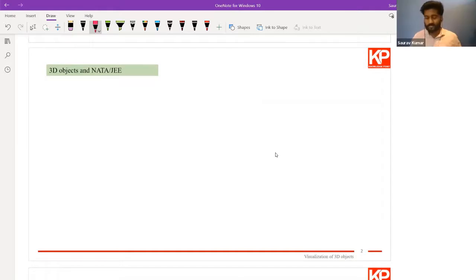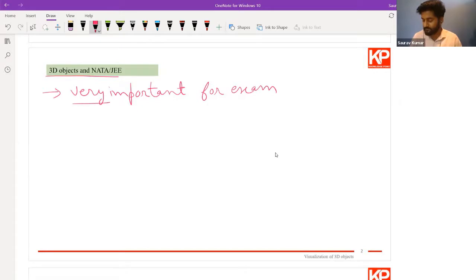Okay, so first thing that we see about the 3D objects and NATA JEE, let's look at its importance as per the exam point of view. So for this, we can say that this is very important for your exam. The reason I'm saying that very important, because on an average, you can expect like 8 to 10 questions.